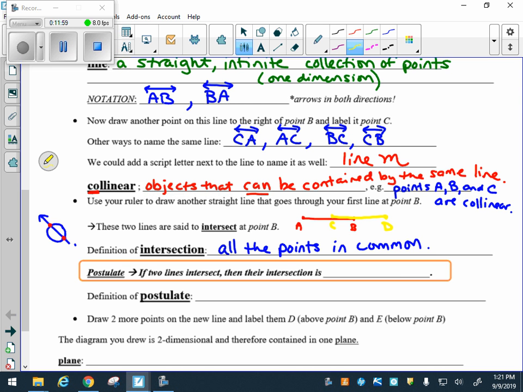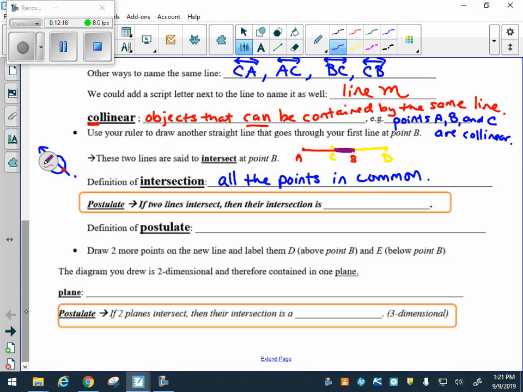All the points they have in common would be from where to where? From C to B, right? So that entire overlap, this entire section, would be the intersection. Okay, so in geometry it's a little different than just on the roads out there, right?